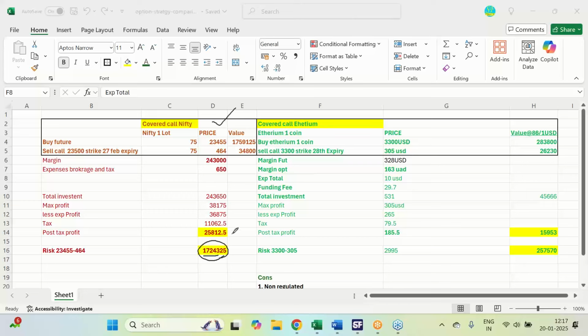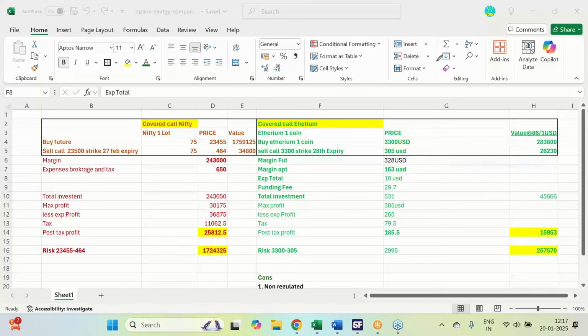The earning potential is 25,812. You cannot earn even 1 rupee more than 25,812, and not less either. This much is the maximum this strategy can give.